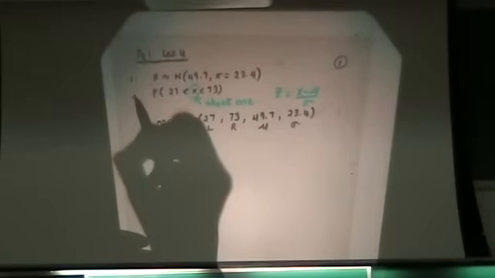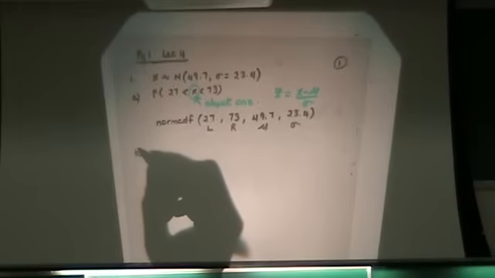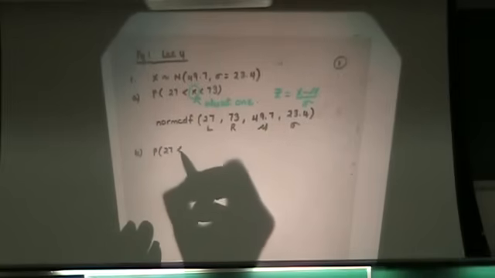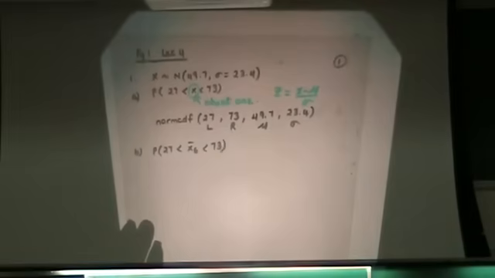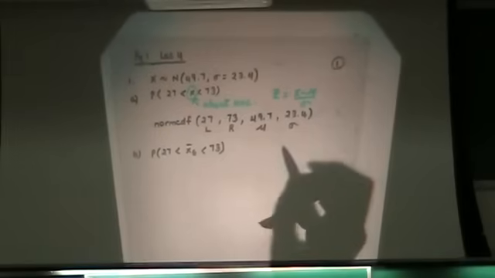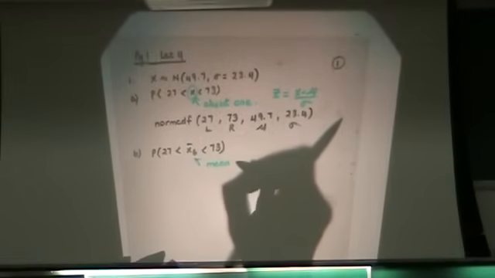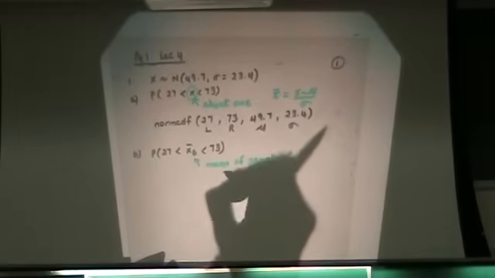And part B, if repeated samples of 6 individuals are randomly selected, what proportion will have a mean heart rate between 27 and 73? So probability 27 less than x bar 6 less than 73. So this time it's about the mean of a sample of size 6.